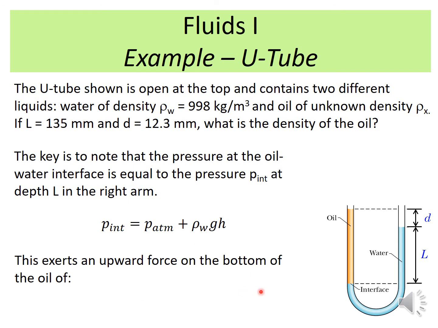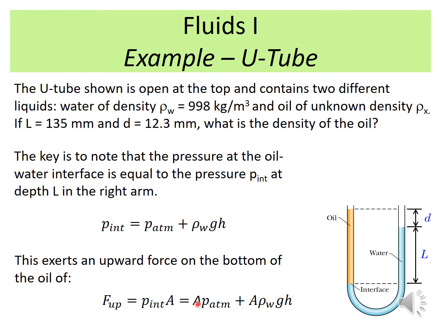Now, we also need to have the force which is coming through on the oil. The force which is pushing up, because on that hand side we have the same pressure over here, which is pushing the oil upwards. So we can write that this force pushing upwards is the internal pressure we have calculated here times A, which is the area of that tube.